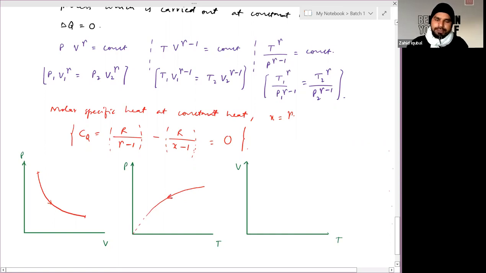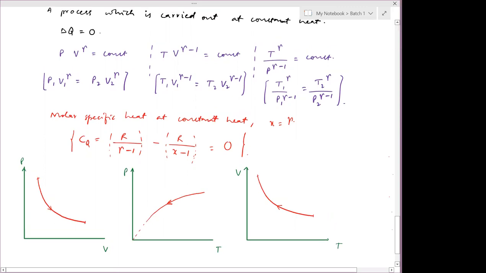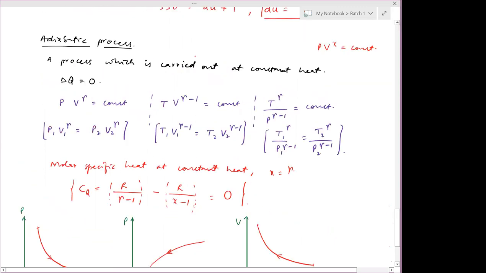So direction of arrow will be towards this. In third part, volume versus temperature, according to the second relation, you will say volume and temperature should be inversely proportional to each other. So again, curve will be rectangular hyperbola, but volume is increasing and temperature will be decreasing. So it will be along this way. Hiba, is it clear? Yes, sir. Okay, just write it down.